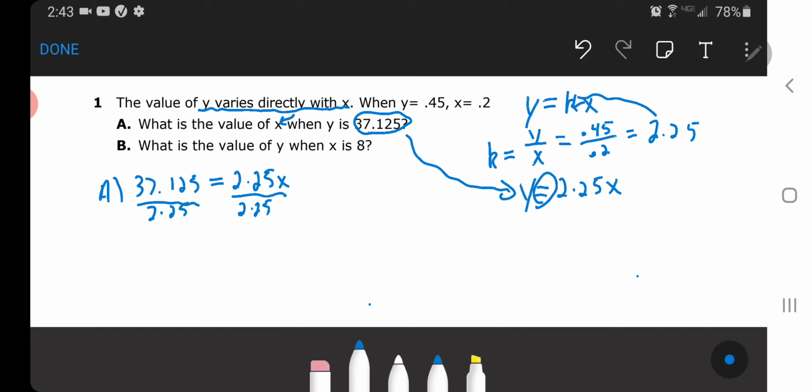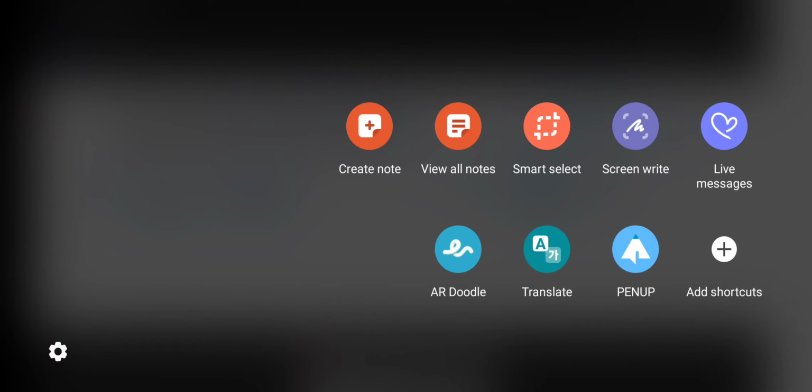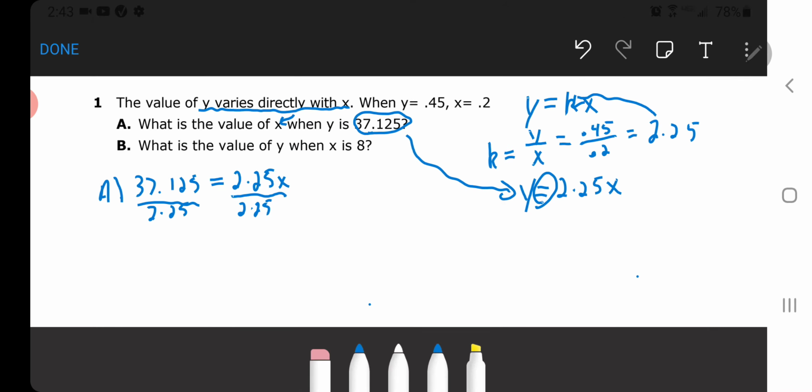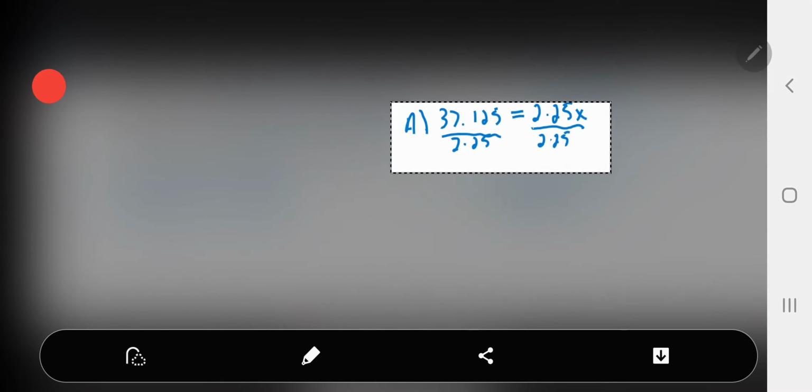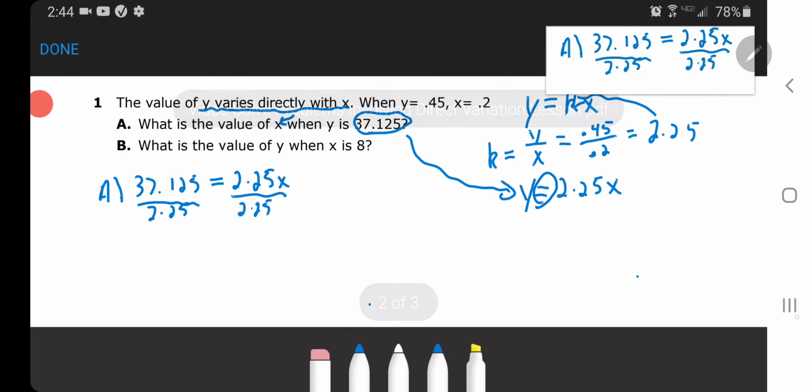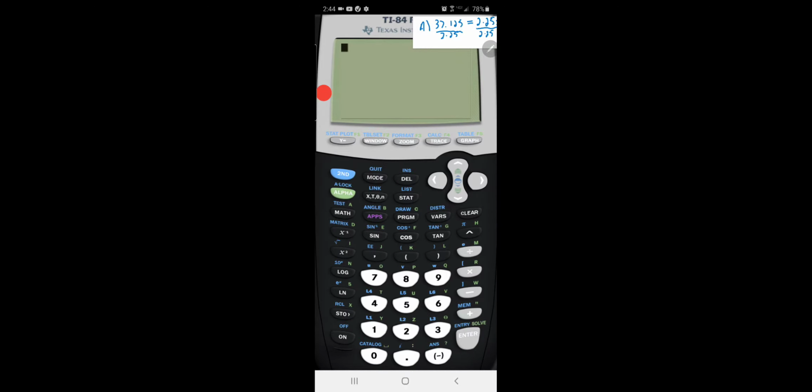Well, real quick, let me take a quick picture here and show you what I'm about to do. Just so you can see that I also will use a calculator. I know this isn't the greatest format, but once again, all we're trying to do here is take 37.125 and divide it by that 2.25.